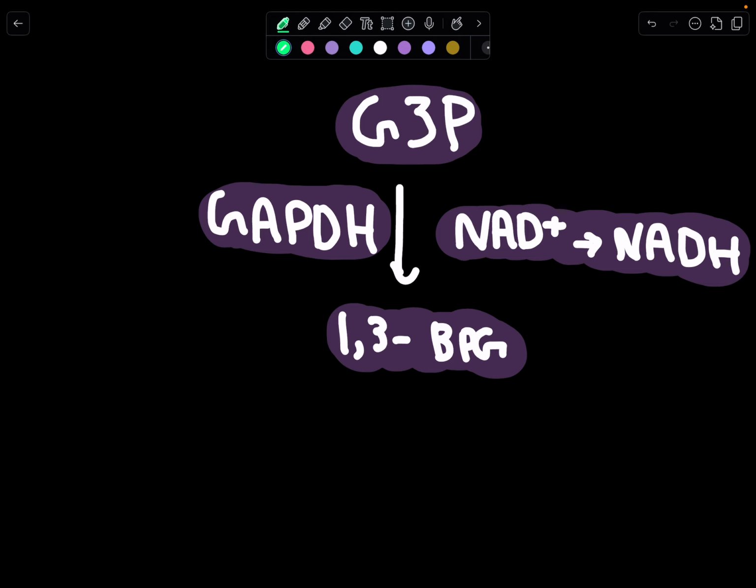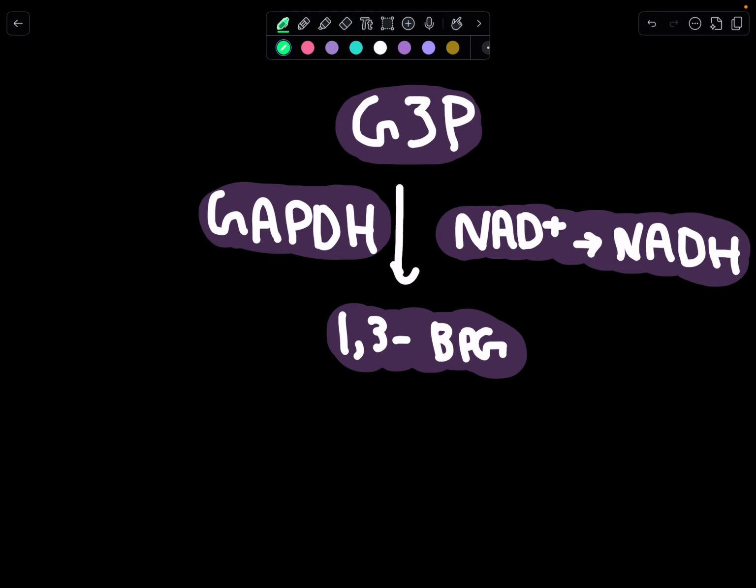Next, 1,3-BPG is converted to 3-phosphoglycerate by the enzyme phosphoglycerate kinase, or PGK. In this step, the high-energy phosphate group on 1,3-BPG is transferred to ADP, forming ATP. This is the first payoff in glycolysis, where you start getting energy back after the ATP you invested earlier.